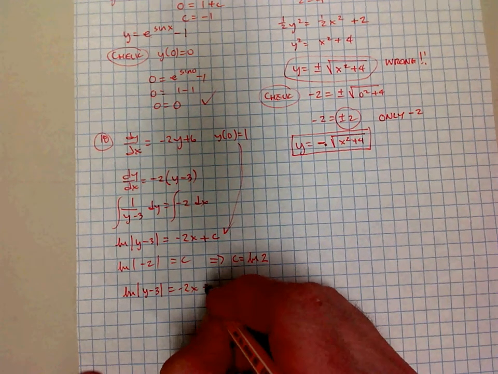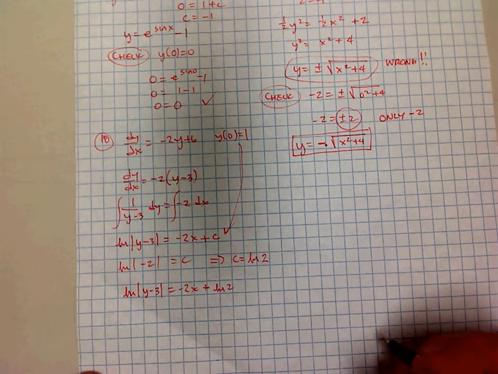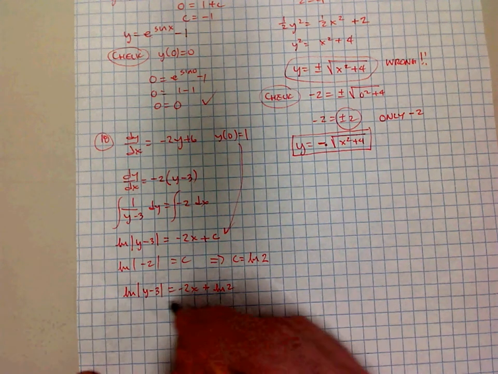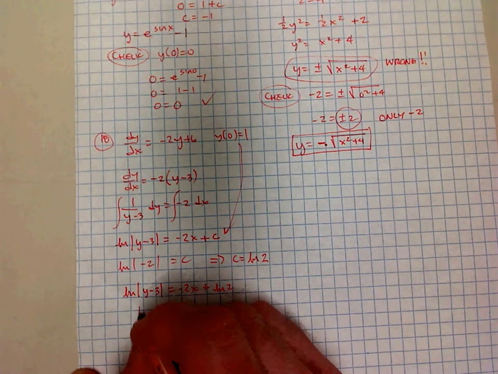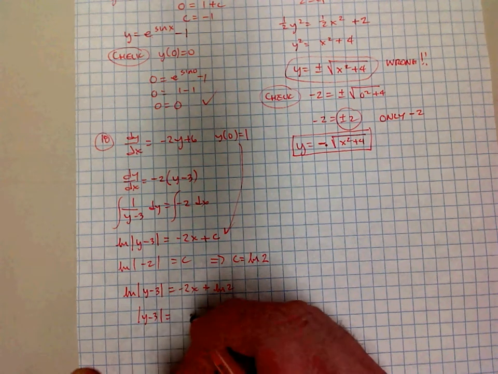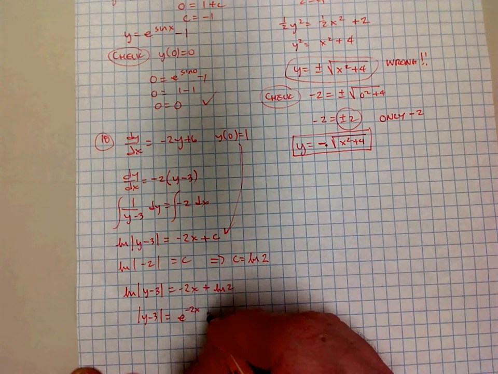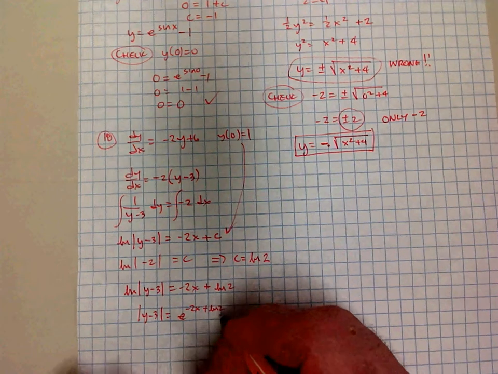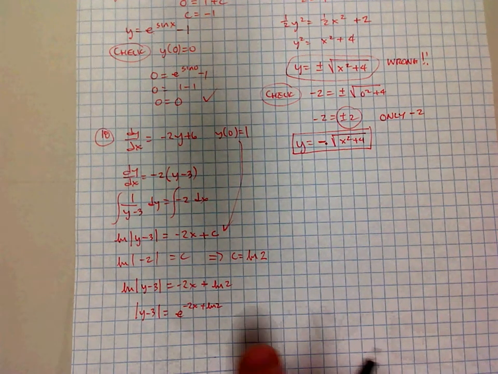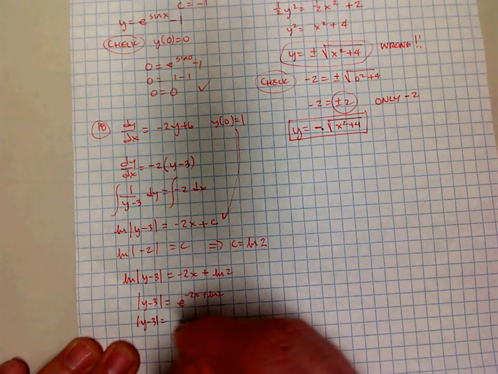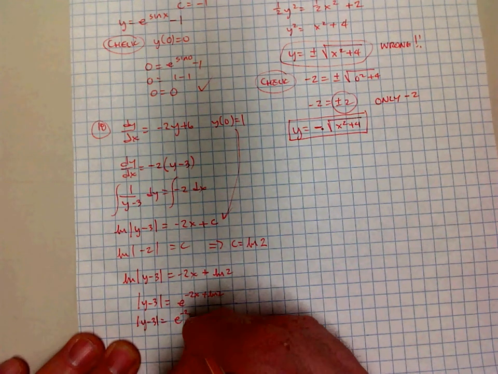We're going to raise everything to the power of e, which will leave just the absolute value of y minus 3 over here, and this will be e to the negative 2x plus the natural log of 2. Let's simplify this just a little bit. The absolute value of y minus 3 equals e to the negative 2x times e to the natural log of 2.